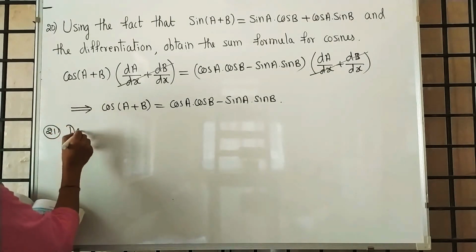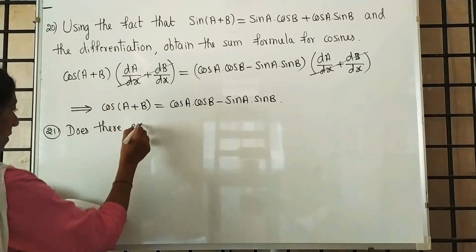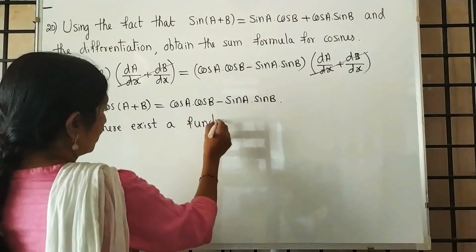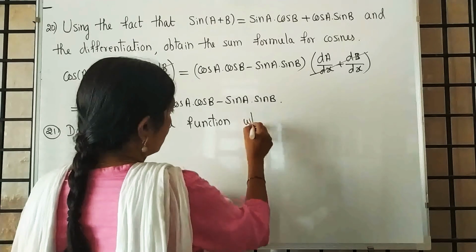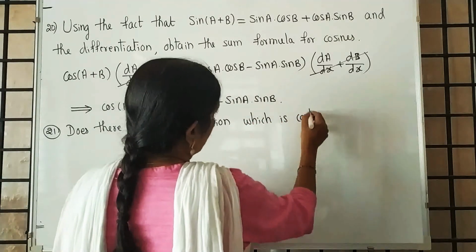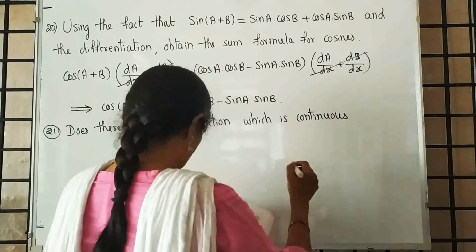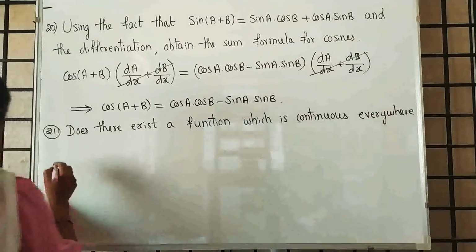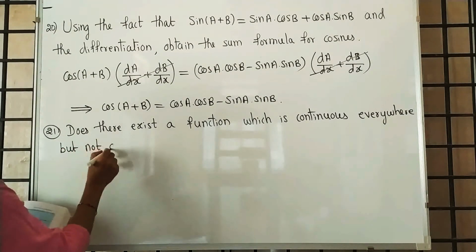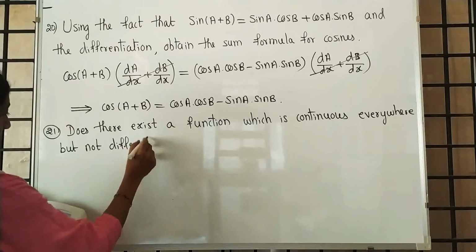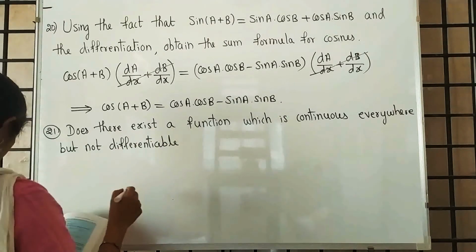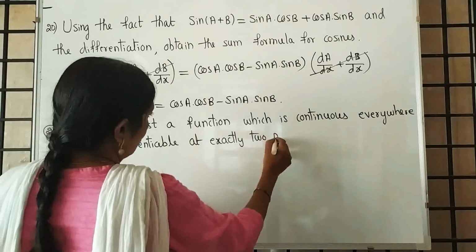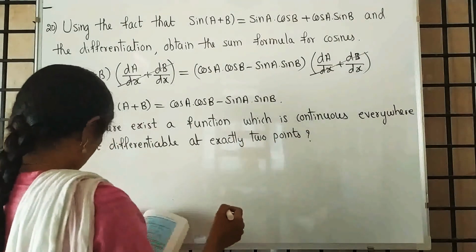Does there exist a function which is continuous everywhere but not differentiable at exactly two points? Justify your answer.